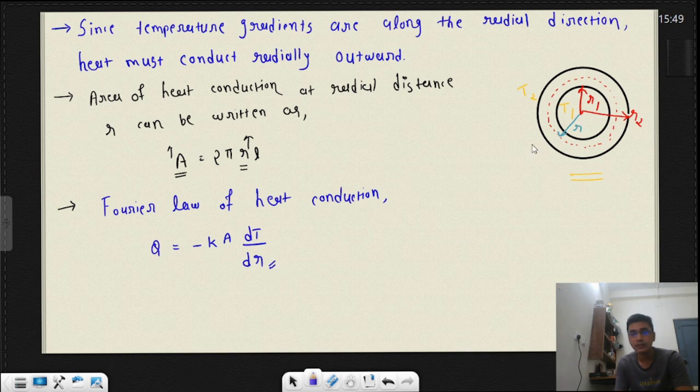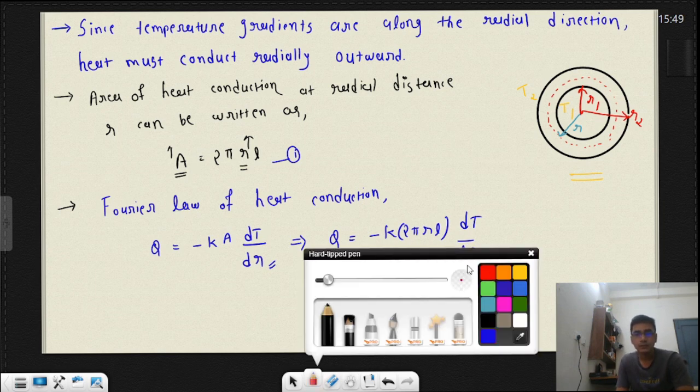Heat is getting conducted radially outward and the gradient is also in the radial direction. So replacing the value of A from equation 1, we can write Q is equal to minus K into 2 pi r L dT by dr.